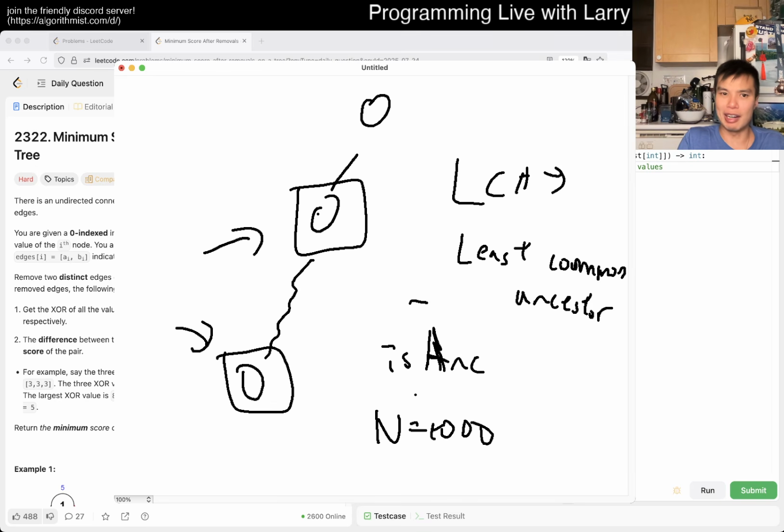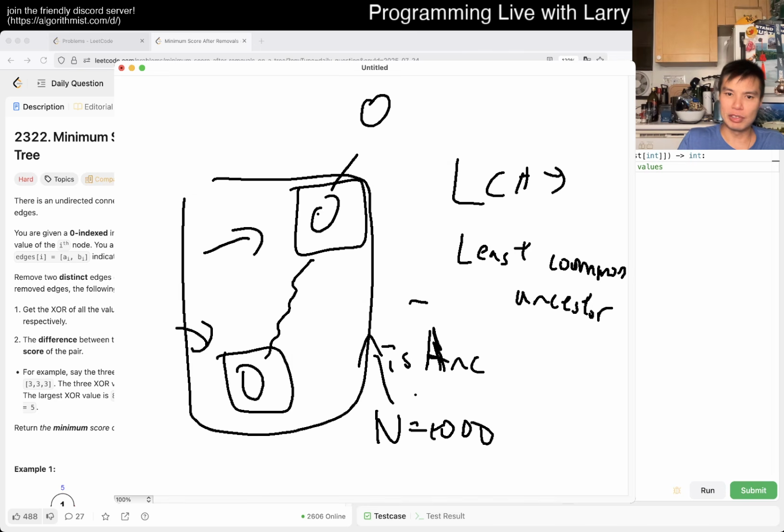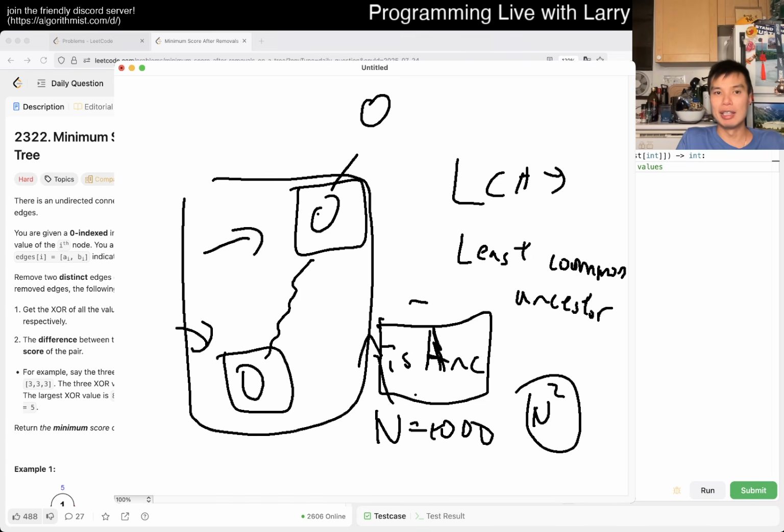So you can pre-calculate all of this, because there are only n squared pairings to pre-calculate, so that should be fine too. There are a lot of things we can do, but you can pre-calculate the ancestor cache, and then now we have everything we need.